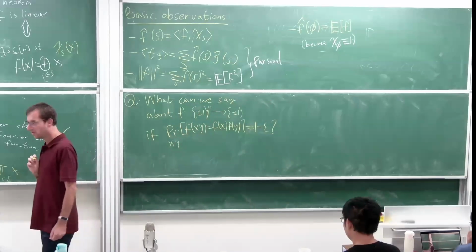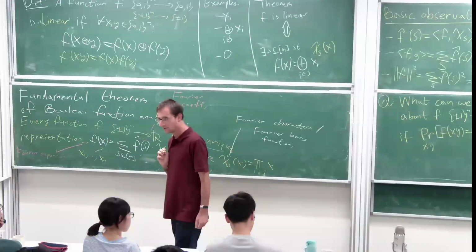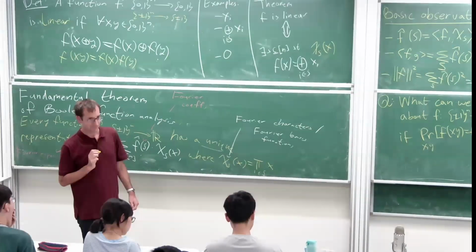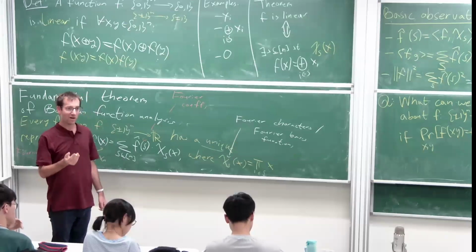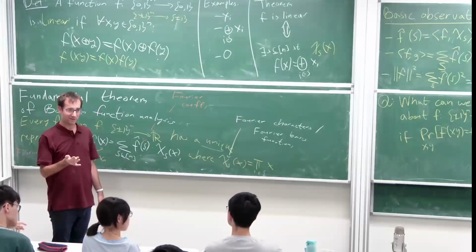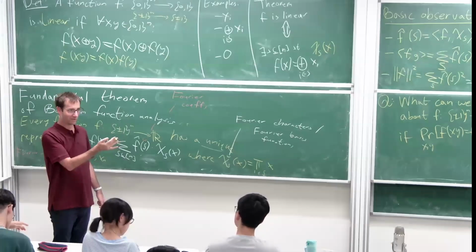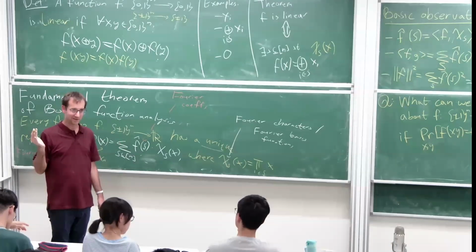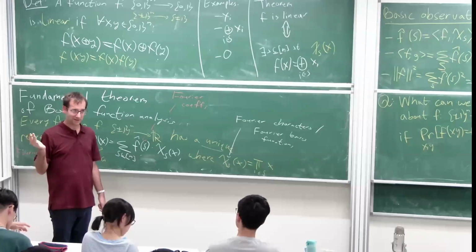If this holds with probability 1, then the function is linear. Now let's say that x and y are chosen uniformly at random, and this property holds with probability 99%. What can we say about f? What does f look like?